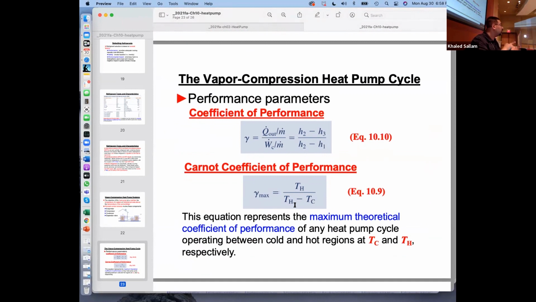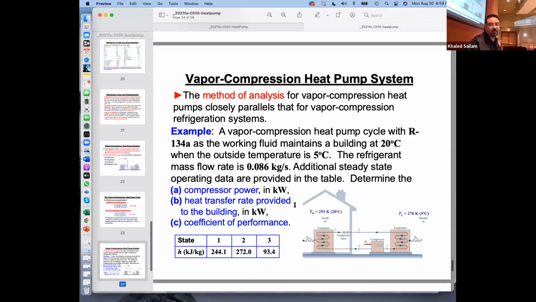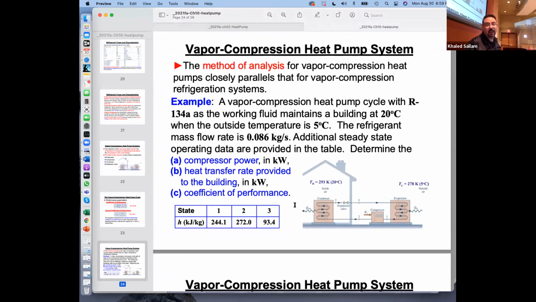No, only if it's Carnot. Who said that the vapor compression cycle that you got from Lowe's is working Carnot? The chances are never. There is never going to be a real-life machine that works on the Carnot cycle. Right? We are just trying to get close.